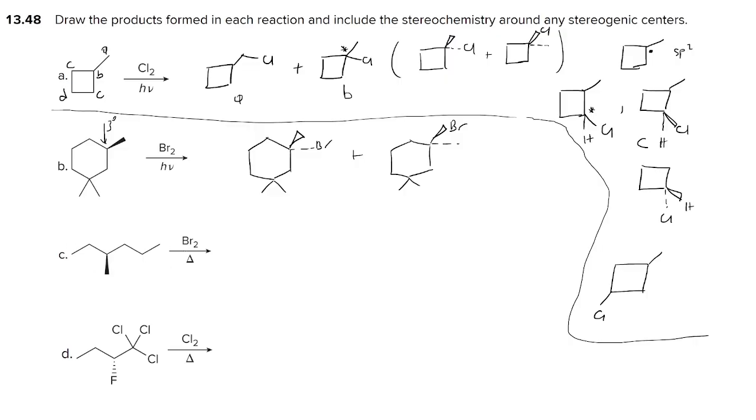Okay, let's move to option D. Option D is again bromination. Check for any tertiary position. Yes, here we have a tertiary position, and bromination will occur particularly at this position, and you can draw the molecule having the bromination at this tertiary carbon.